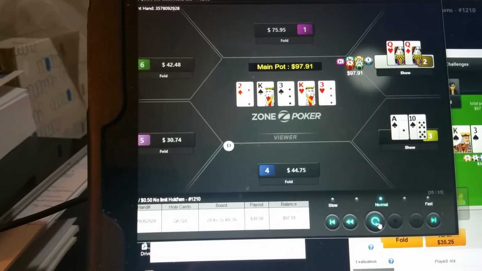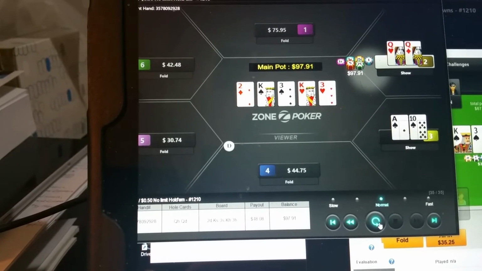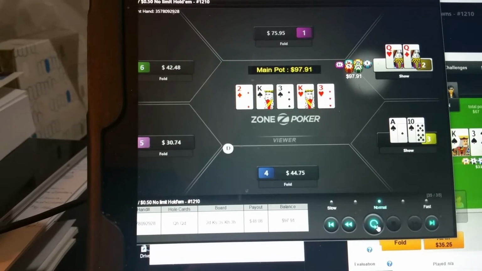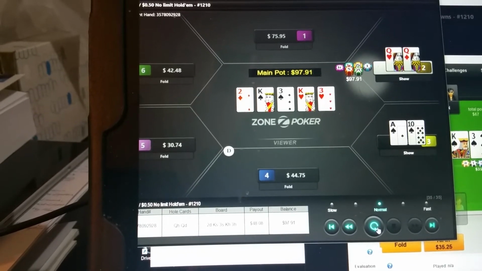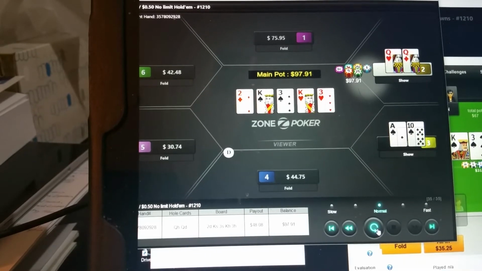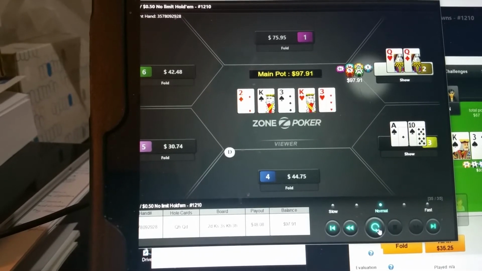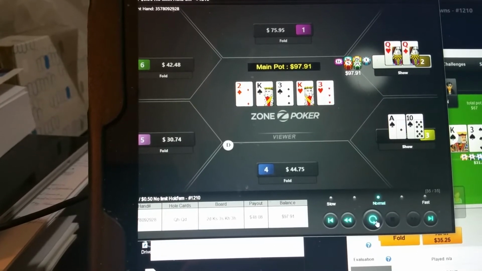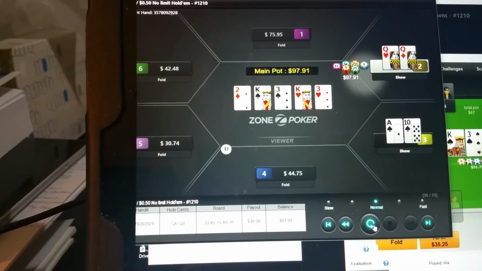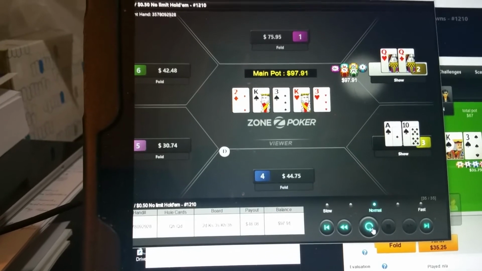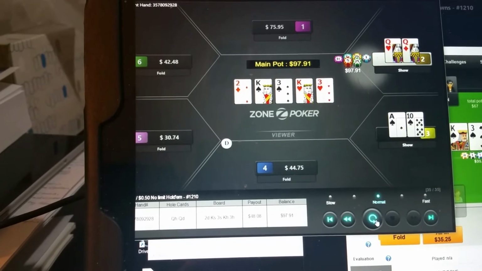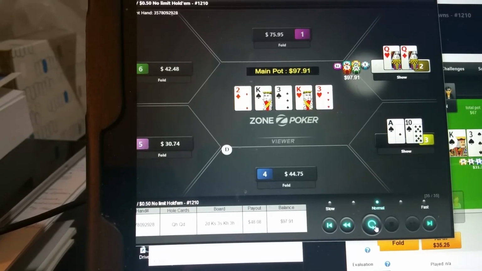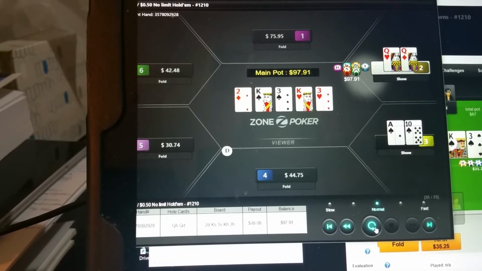But if I had bet the flop, quarter bet, and he raised and I called, then I would have capped my range because I would have checked the turn. So, unless I bet the turn, no, I should check the turn and check it over to him and let him take the lead.